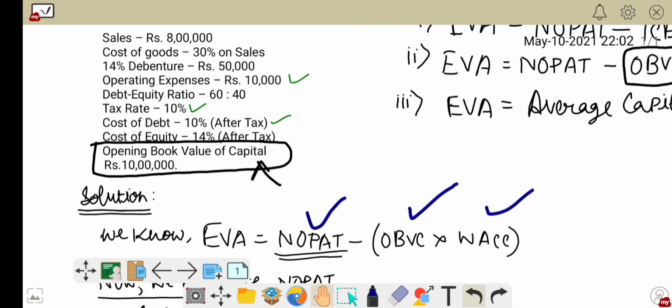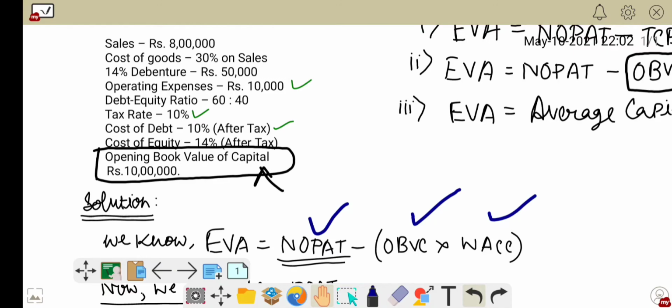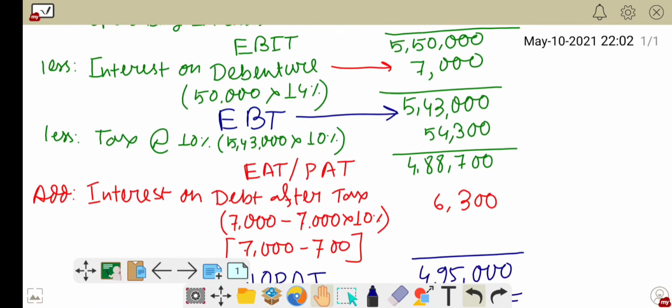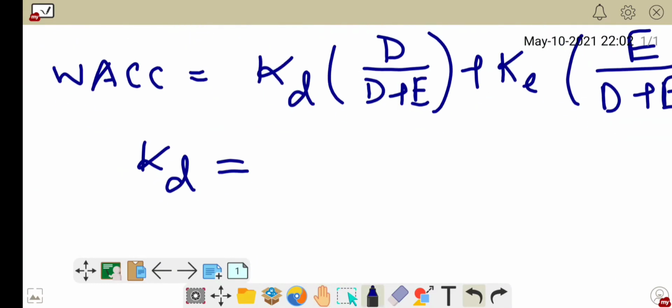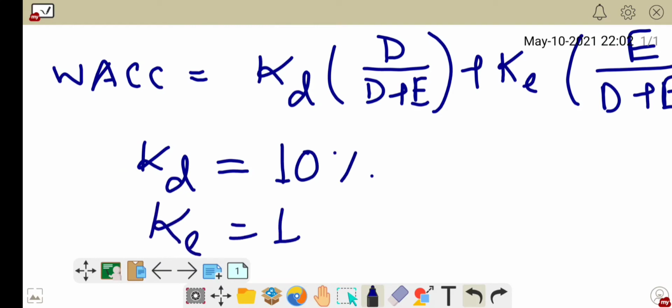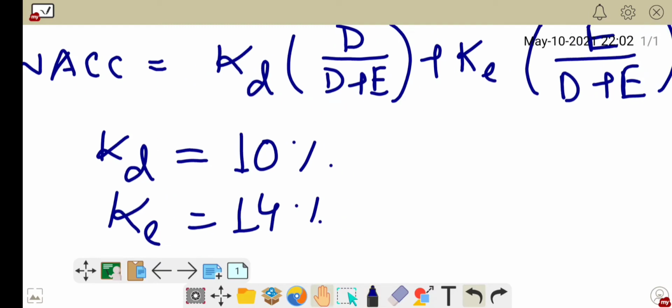Yes, cost of debt is 10% after tax. Cost of equity is also given, that is 14%. And we know our debt equity ratio.